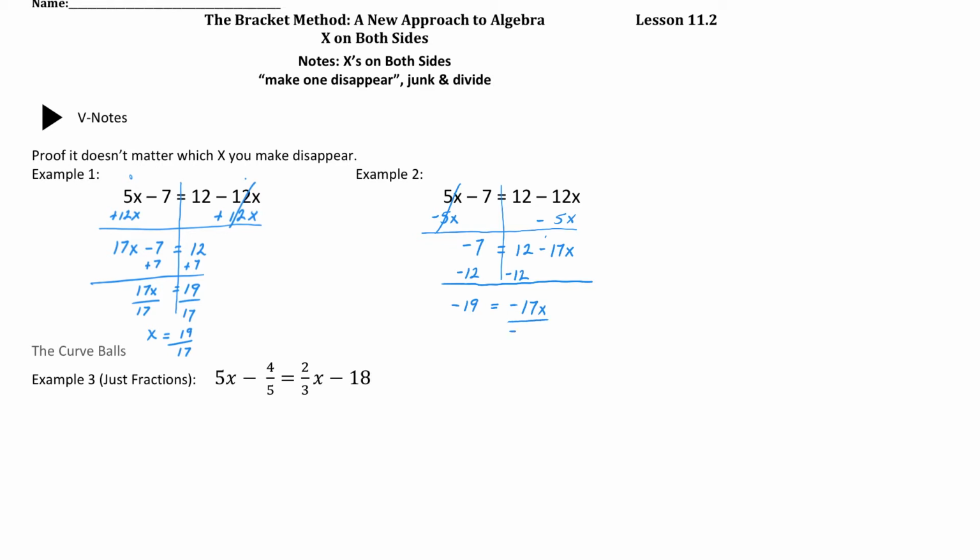As we divide by negative 17, and again, we could put it in our calculator, simplify it, or turn them into decimals, but it ends up being positive 19 over 17, just like the other one. So, x on both sides, make one disappear, and it doesn't matter which one.